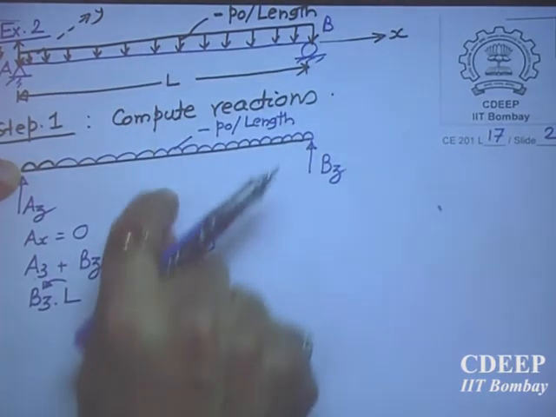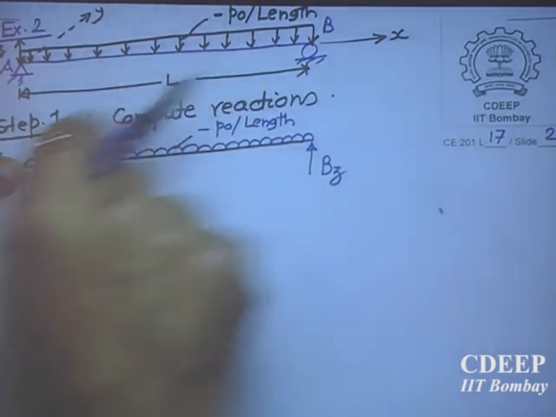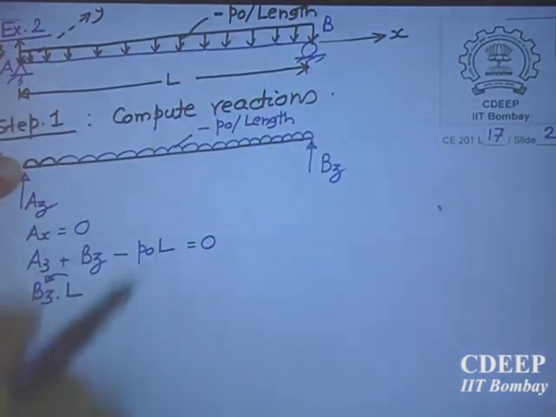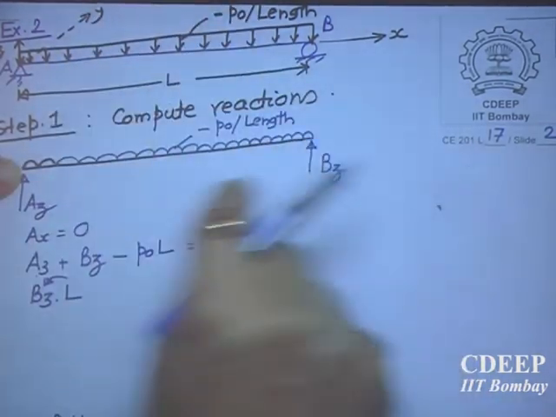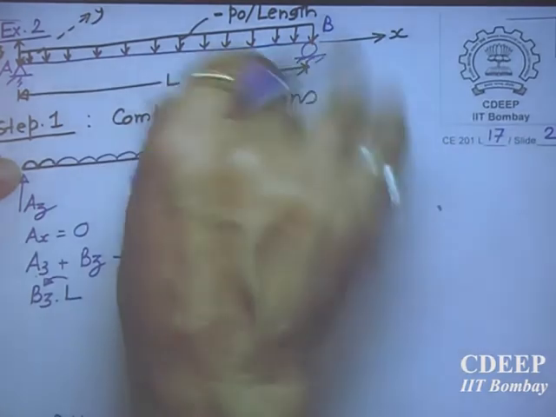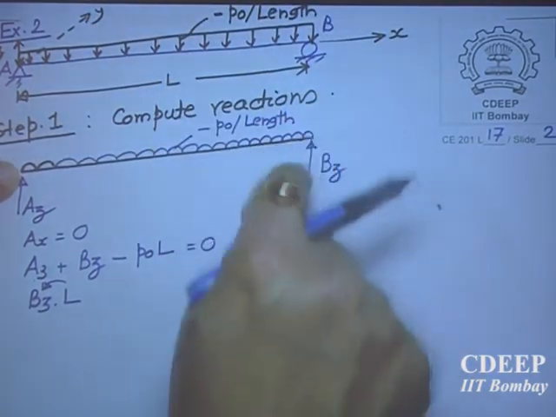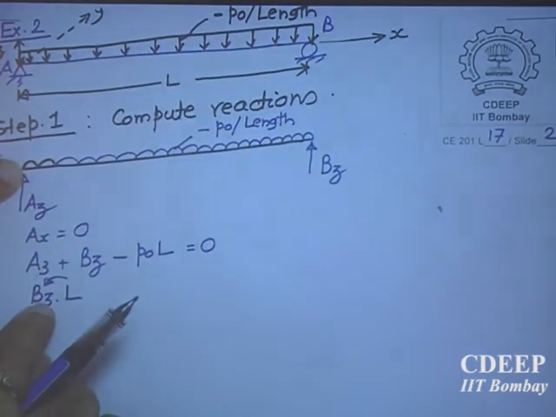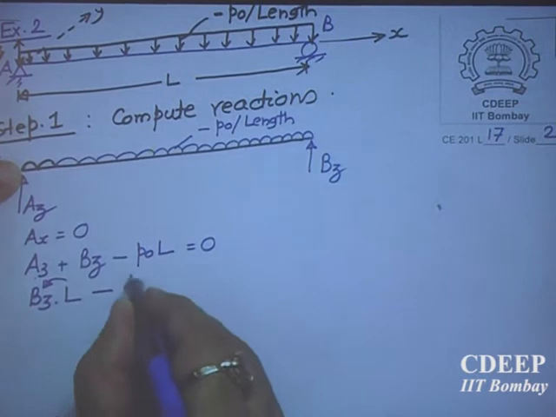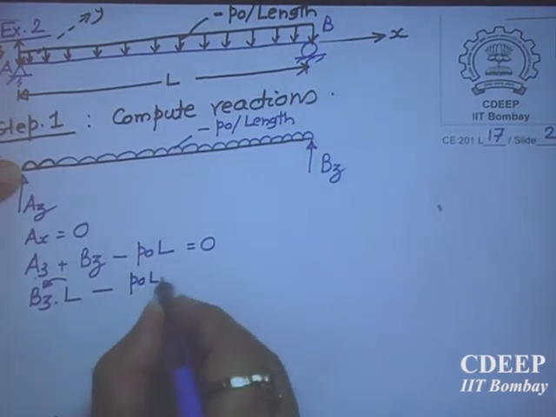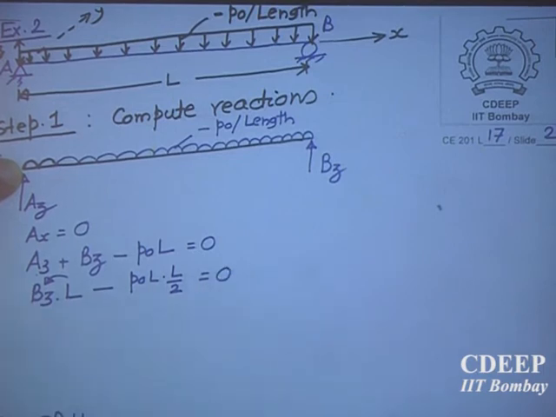So the moment is P naught L multiplied by L by 2, acting anti-clockwise. Don't just take a vector sum; you have to understand the physics. So Bz times L minus P naught L into L by 2 equals 0.